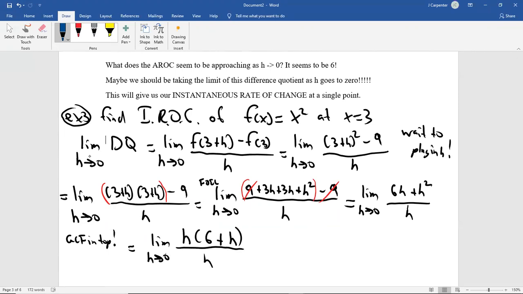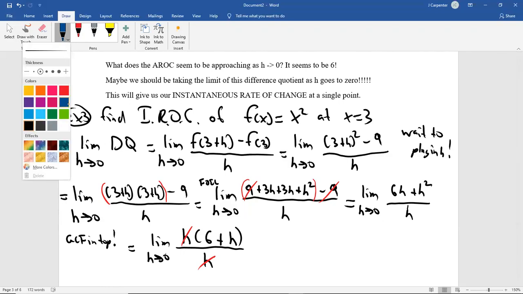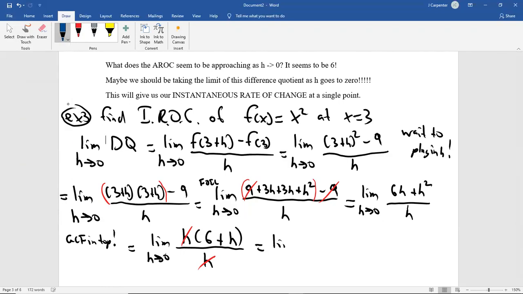And at the bottom, you've got an h. Well, with an h in the top factored and an h in the bottom factored, they cancel. So this is now the limit as h goes to 0 of just 6 plus h.